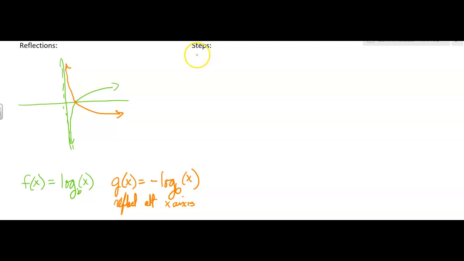All right, so let me write that one first. So the steps, you're going to first draw the vertical asymptote. I'll put a 1. Okay, so I'll write the function up here. g of x equals the opposite of log base b of x. So first, do the vertical asymptote, x equals 0. So notice the vertical asymptote staying the same.